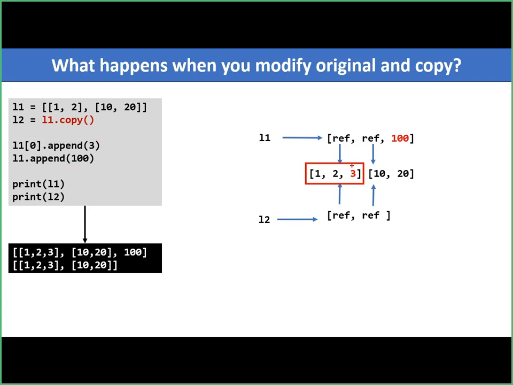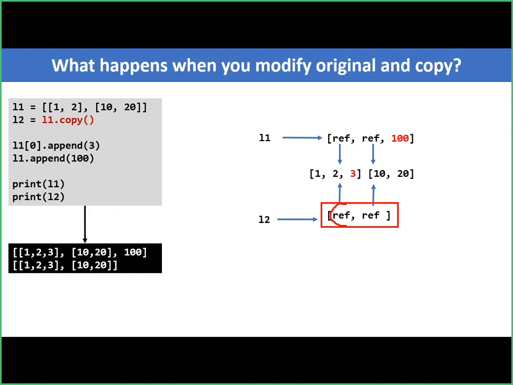So all the changes you make to the nested object are accessible to L2. We got a copy of only the first level objects, and this still refers to the nested list. So if you print L1 and L2, in L1 you see all the changes you made, but in L2 you don't see this because I got a copy of the list.